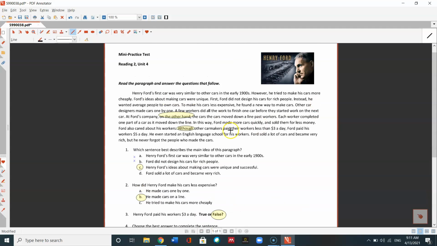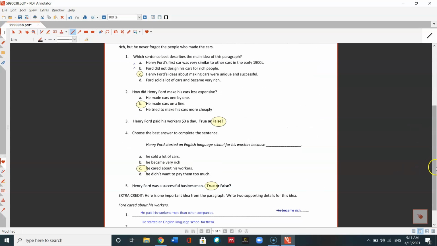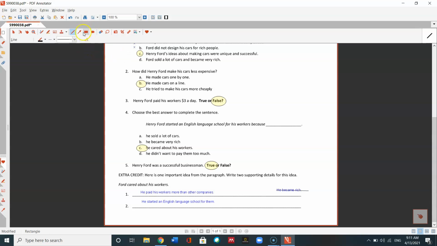Can we say he never forgot the people who made the cars? Let's try it. He cared about his workers. He never forgot the workers. Does this really support the idea he cared about his workers? He never forgot them. This is basically just repeating the main idea again. He never forgot them. He cared about them.